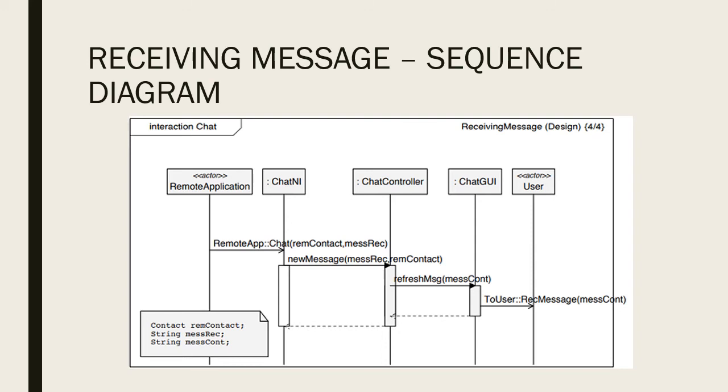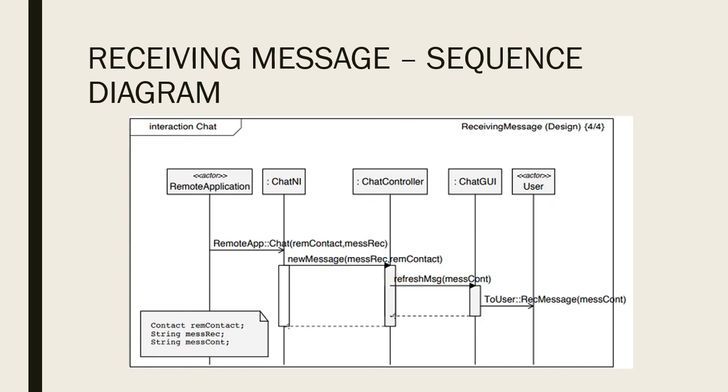In its turn, the chat network interface generates a message by launching the new message function containing the same parameters to the chat controller's function. There, the chat controller will refresh the message, launching a function that returns only the message content in order to transfer it to the chat user interface. That will finally allow to display it to the targeted connected user who is the destination in this functionality.